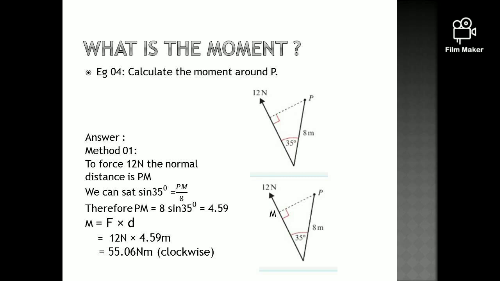Method 1. First of all, identify the perpendicular distance, that is PM, from point P to the force of 12 Newton. If you consider this right angle triangle, PM is the opposite and the distance 8 meters is given as the adjacent.